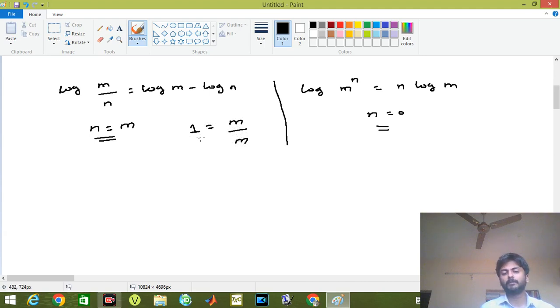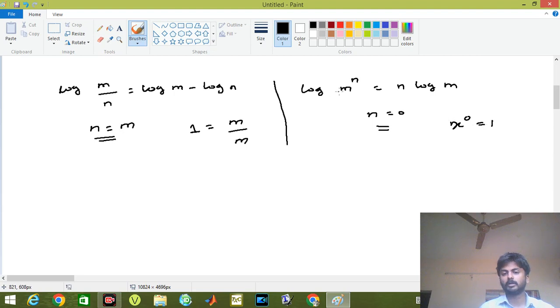The division of the same quantity will give you the quotient 1. And I am taking n equal to 0 because we know that anything power 0 equals 1.